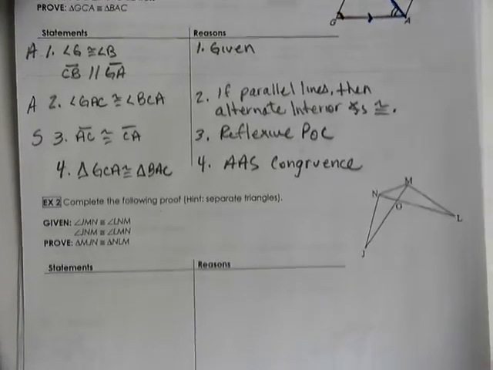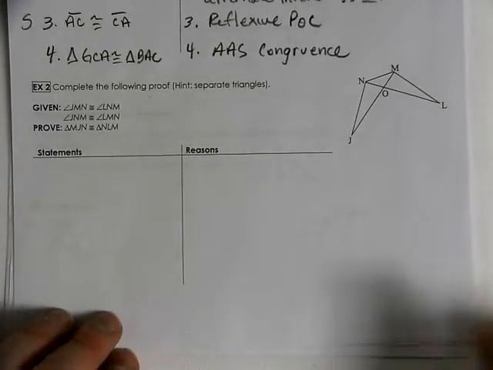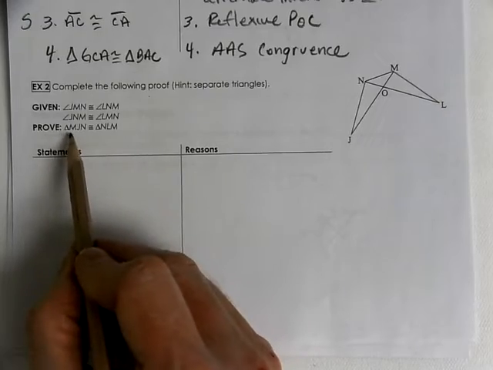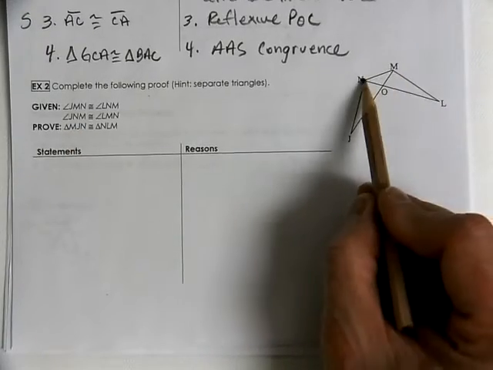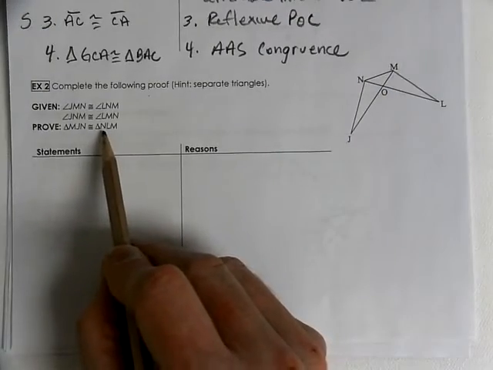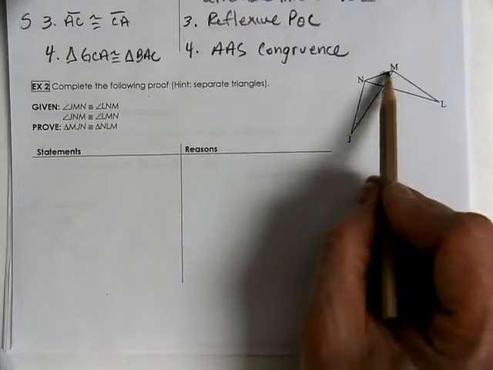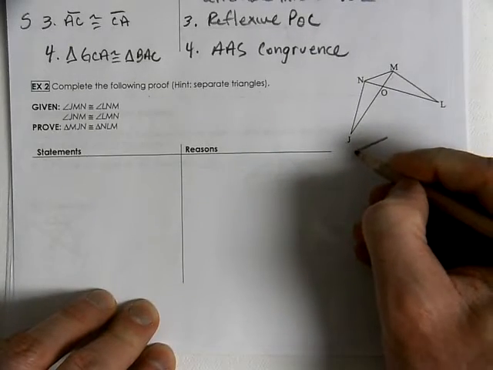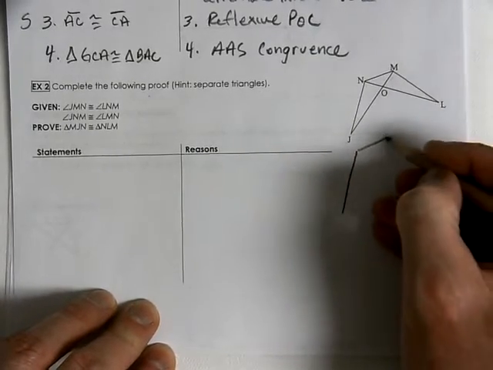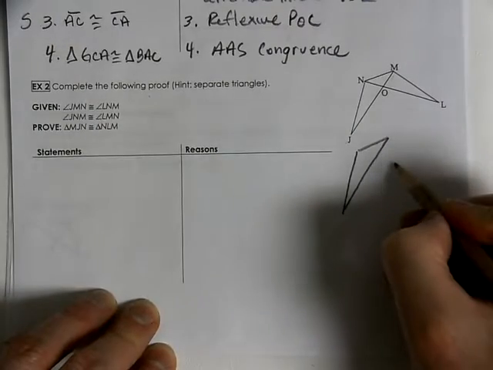Looking at our next example, we're going to try to prove that MJN is congruent with NLM. These triangles are overlapping, so it could be very beneficial for you to draw the triangles separately.